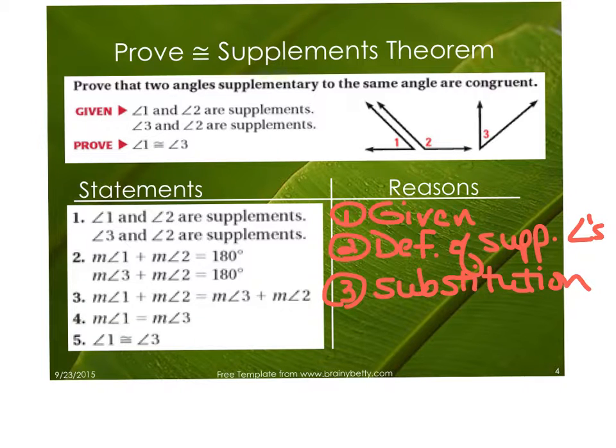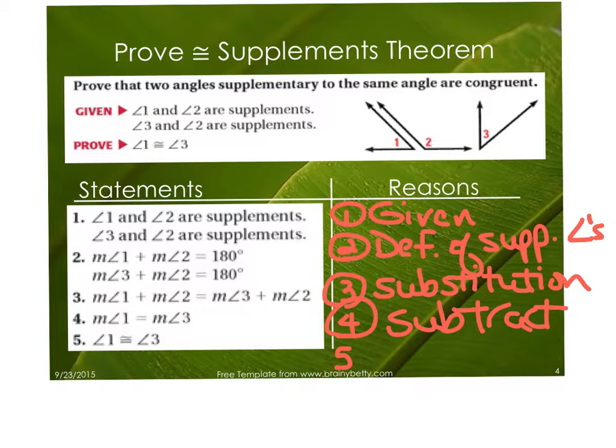All right, what's the next reason? Yes. Subtracting angle 2. Good. They subtracted 2 from both sides. Good. So subtraction property of equality, you can just put subtract. And now from 4 to 5, what changed? Notice the equal sign went to a congruency symbol, so?